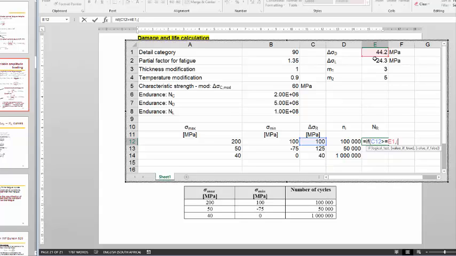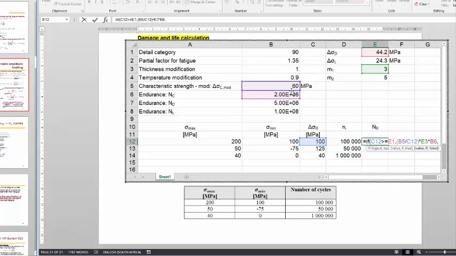Then I have NR equal to delta sigma C. We can take delta sigma C or delta sigma D, doesn't matter. Delta sigma C modified divided by delta sigma, and there we are at a slope of 3, and we must multiply that by NC because we used that one as a reference.